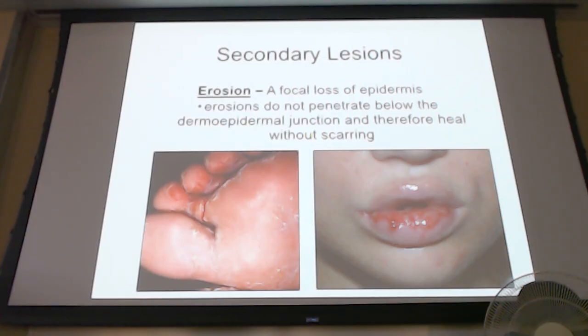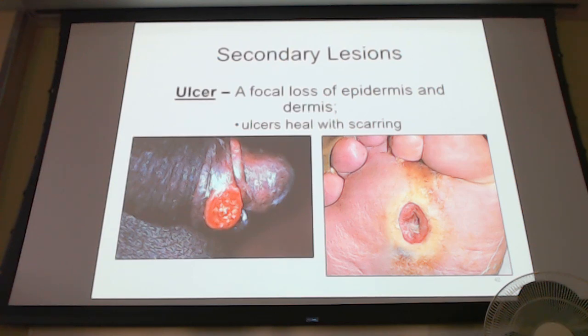Erosion is the focal loss of the epidermis, so they do not penetrate below the dermoepidermal junction, that DEJ, therefore heal without scarring. So it'll go away and it'll look beautiful, but it's not going to leave a scar if it's an erosion. If it's an ulcer, that's going to stay there, okay?